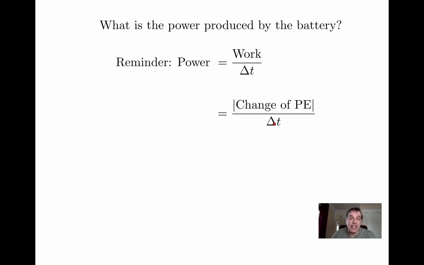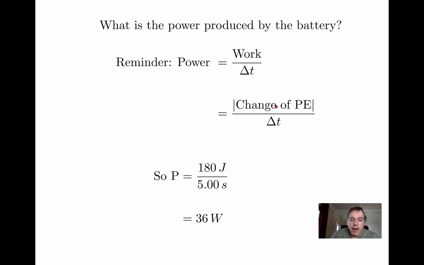He is much more powerful than I am. That's why we define power to be work divided by delta T. The Hulk did the same work in a very small delta T, so you get a large power. My power was much smaller because my delta T was much longer.